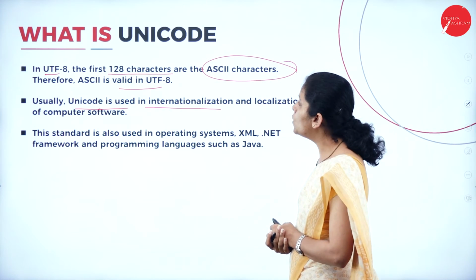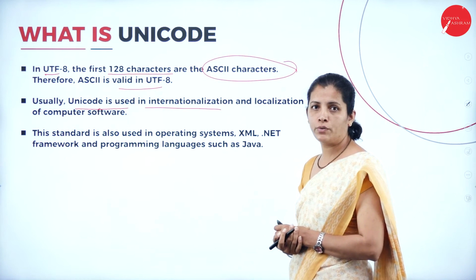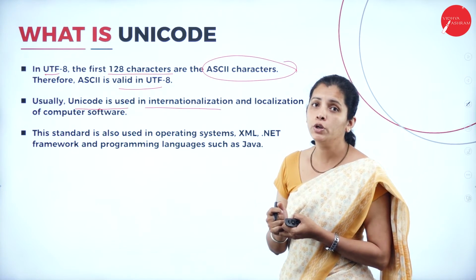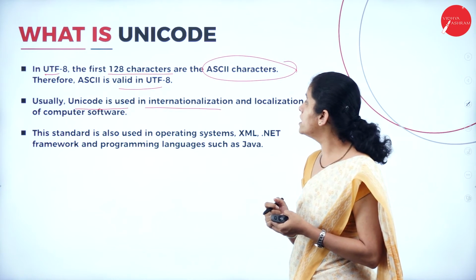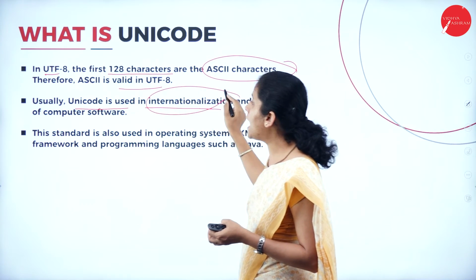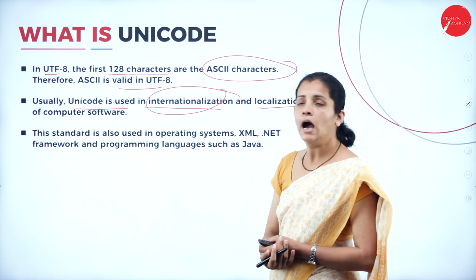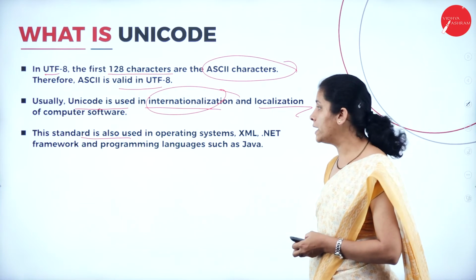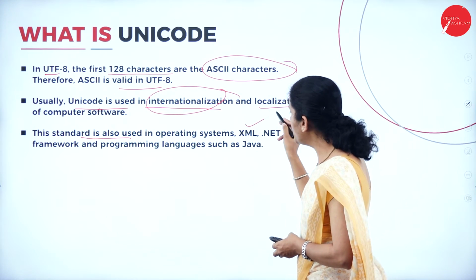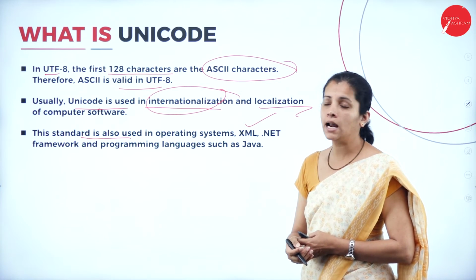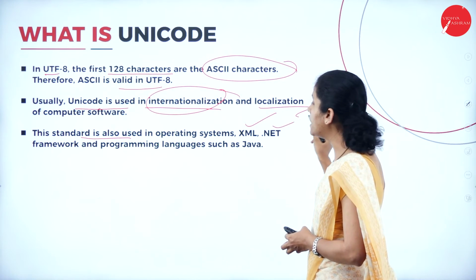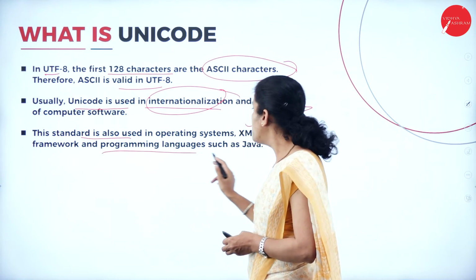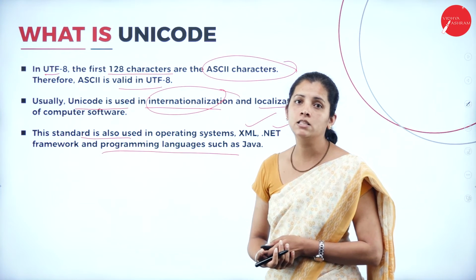Unicode is used in internationalization and localization of computer software. Dear student, most computer software uses Unicode for internationalization as well as localization. This standard is also used in operating systems, extensible markup language, the .NET programming framework and other programming languages like Java.